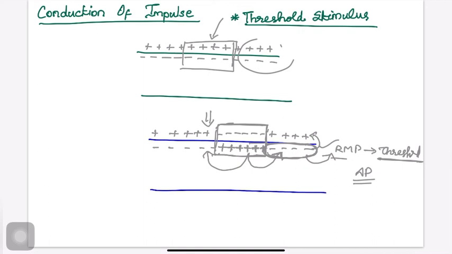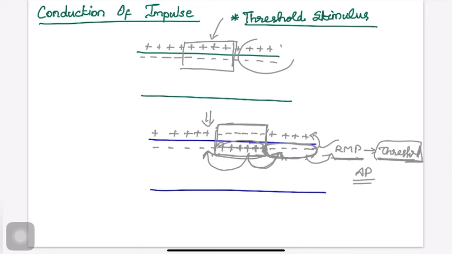After action potential generation, the inside will become positive and the outside negative. The inside positive charge will flow towards the adjacent sides, making the adjacent membrane's resting membrane potential reach threshold potential. After threshold potential is reached, an action potential is generated. By this, the conduction of impulses happens.